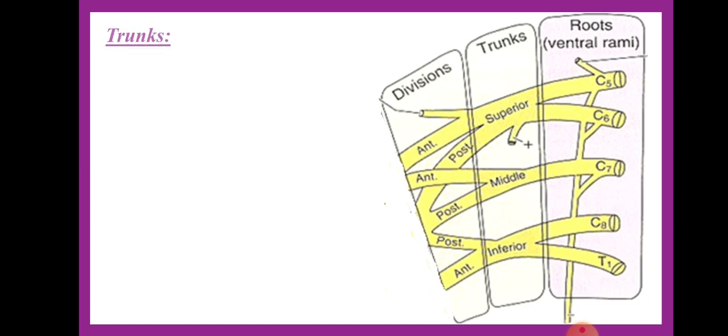Okay, again, the cervical spinal nerves from C5, C6, C7, C8, and the spinal nerve of the thoracic form the roots of the brachial plexus.